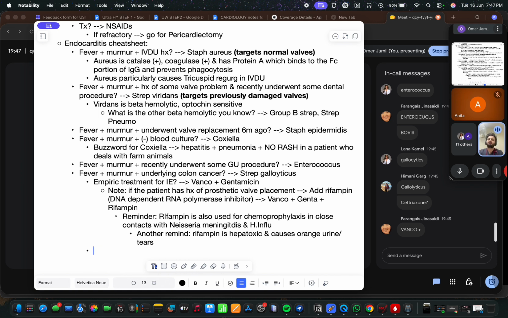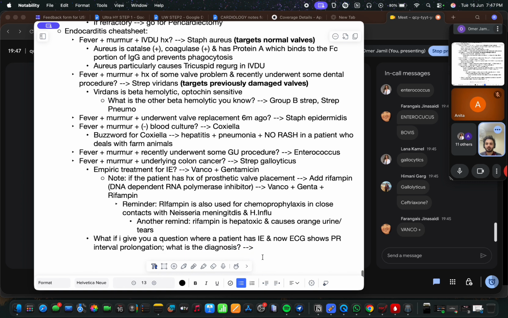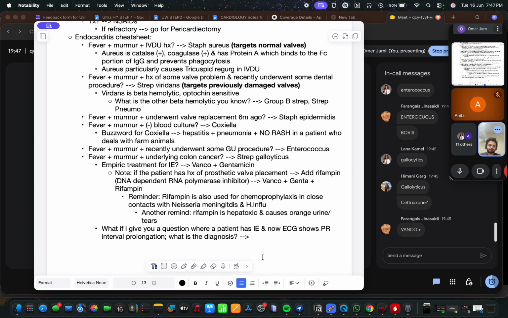Then, what if I give you a question where a patient has infective endocarditis and now ECG shows PR interval prolongation? What is the diagnosis? What are you thinking here? Any ideas?